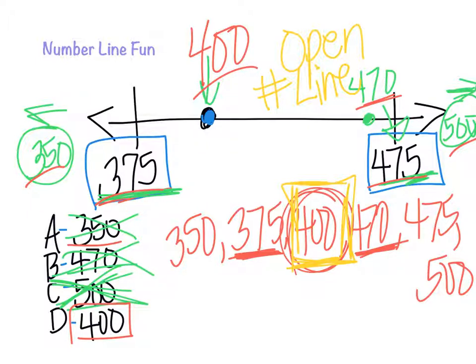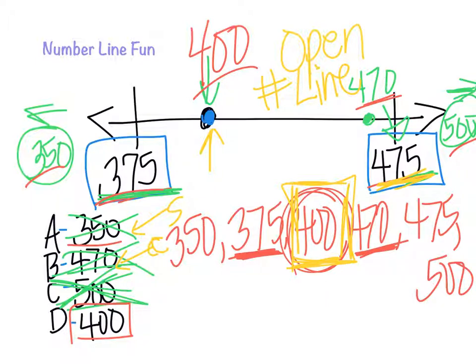Then, next step, you go to answer choices. We checked A, too small. We checked B, it was too close to the 475. So there's no way that it could have been this one that we were looking for.